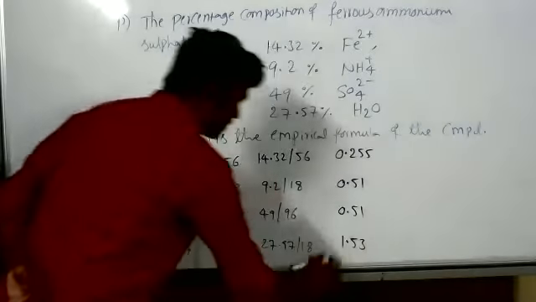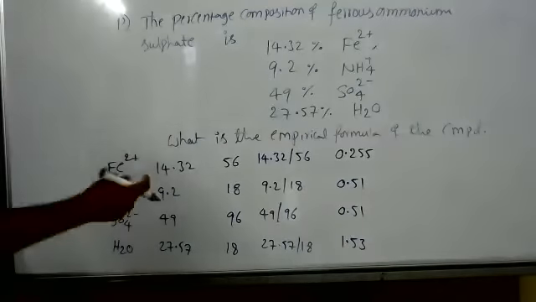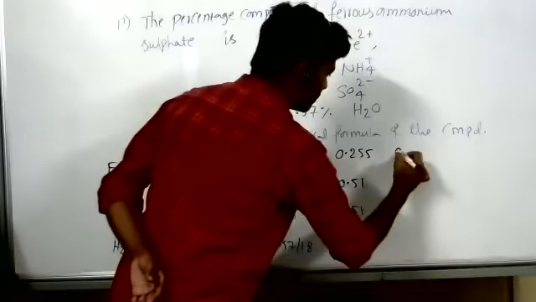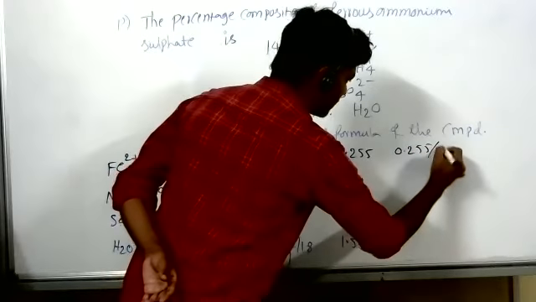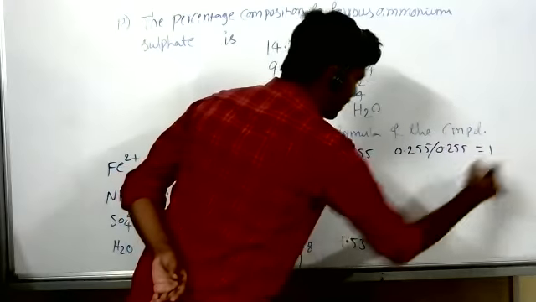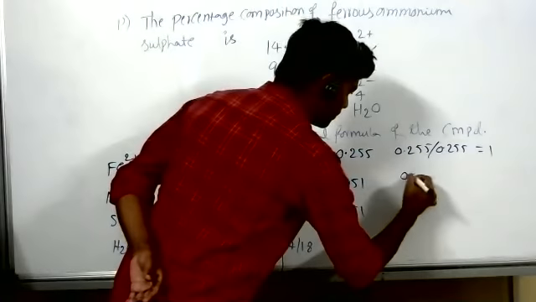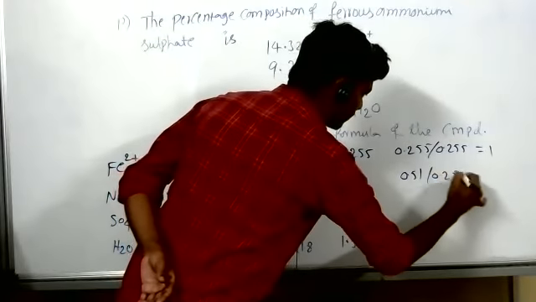So while calculating number of moles, you take approximately. Now carefully here, the smallest number is 0.255. Can we take it as 0.26? Okay, 0.26 or 0.25, you take, no problem. This is the smallest one. 0.255 divided by 0.255 is 1. 0.51 divided by 0.255 is 2.